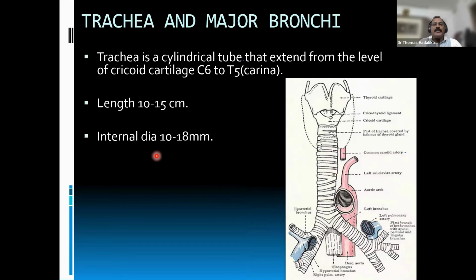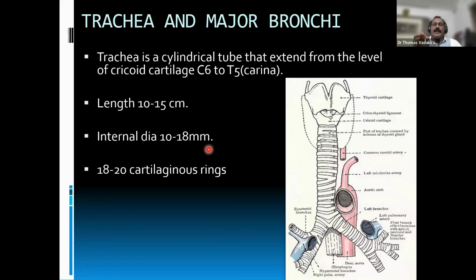This is important because in tracheobronchomegaly, Mounier-Kuhn syndrome, it should be more than 22 millimeter. And the cartilage, of course, 18 to 20. Remember that these cartilages in a healthy adult are not calcified. If you find a calcified cartilaginous ring in a middle-aged or younger individual, always think of some abnormality like relapsing polychondritis or amyloidosis or tracheobronchopathia osteochondroplastica, something like that.